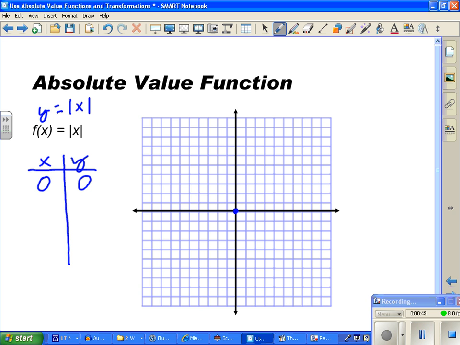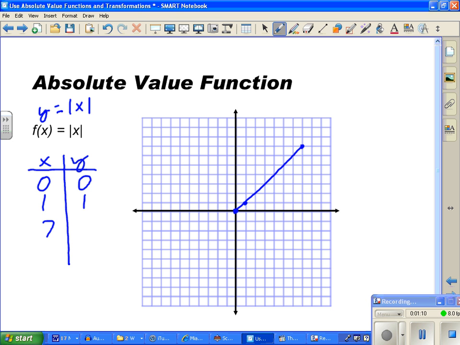So I'm at the point 0, 0. Now if I plug in 1 for x, the absolute value of 1 is 1. So now I'm at the point 1, 1. Let's plug in 7. The absolute value of 7 is 7. So I'm at 7, 7.